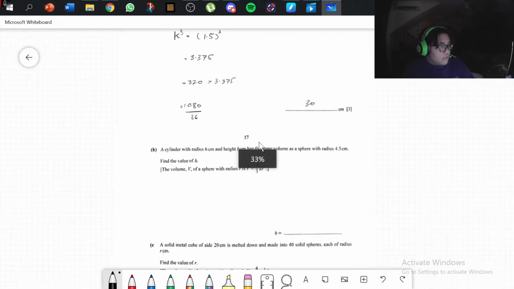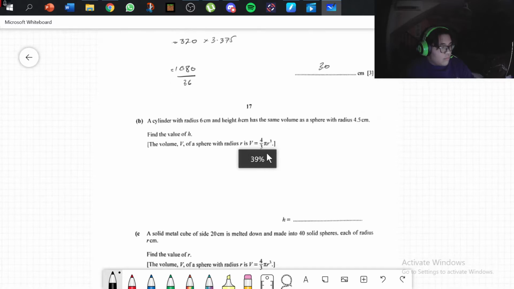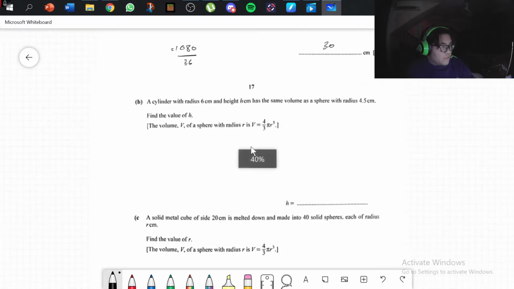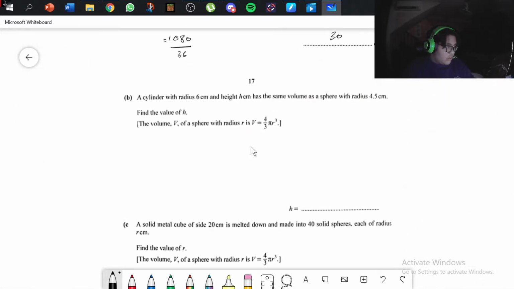Okay, b, a cylinder with radius 6 cm and height h cm has the same volume as a sphere with radius 4.5 cm. Find the value of h. This one, first we do V is equal to 4 over 3 pi r cubed, 4.5 cubed, which will get us 381.70.